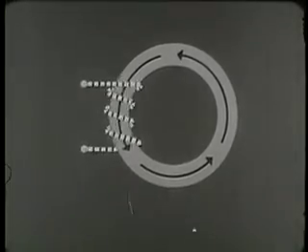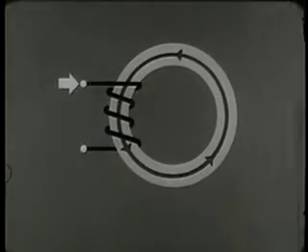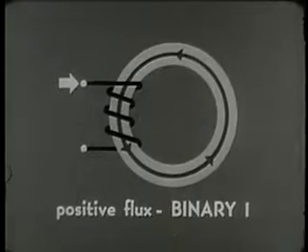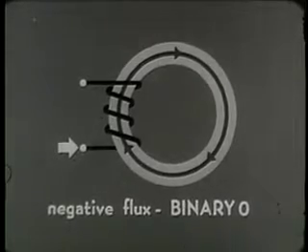Because it is ring-shaped, the path it forms is a closed loop. The conductor here is wound so that current flowing in this direction produces a positive flux, setting the core in the binary 1 state. Current flowing in the opposite direction produces a negative flux, which sets the core in the binary 0 state.